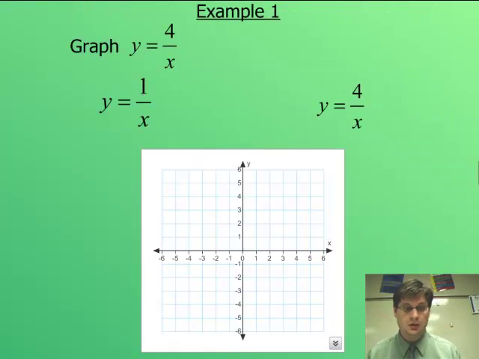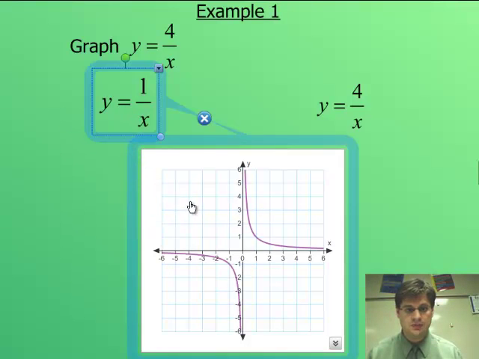So, for instance, if I were to look at the parent function, I would see that this graph would look like this.